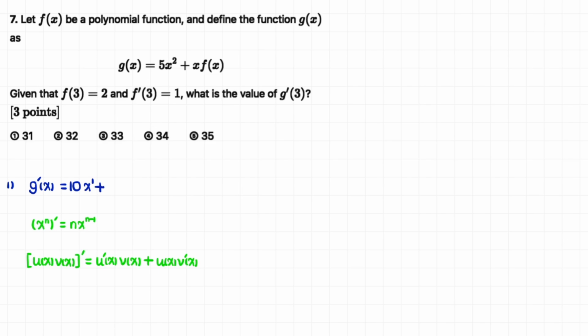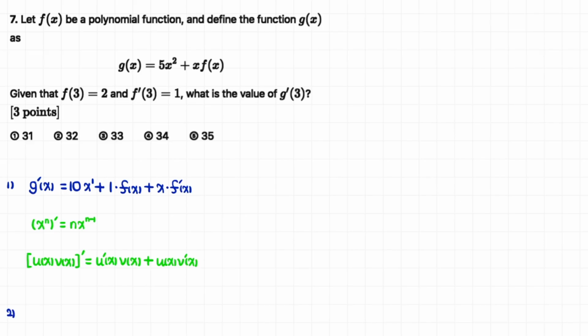The derivative of x is 1, so we get 1 multiplied by f of x. Then, like we said before, it's fair. Now we leave x as it is, and we differentiate the second part, f of x, which gives us f prime of x. Therefore, the derivative of this is this.